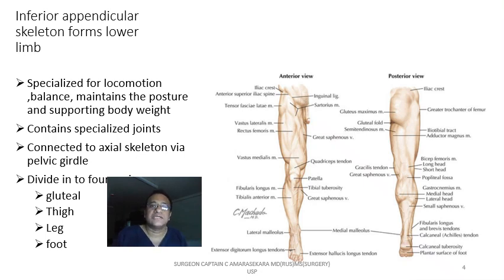The leg is the area between the knee and ankle. This area is crucial for mobility and venous return. Going forward, the foot is a complex structure for balance, propulsion and weight distribution.